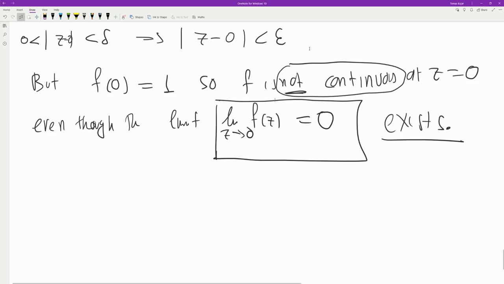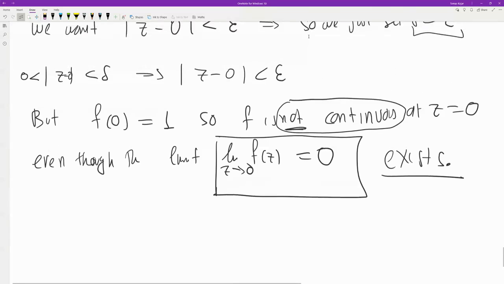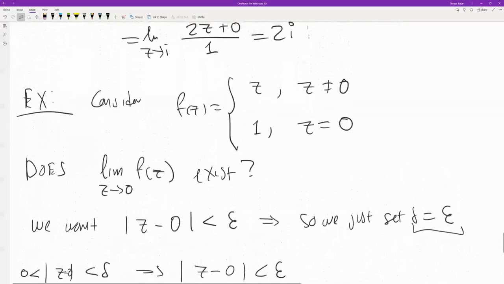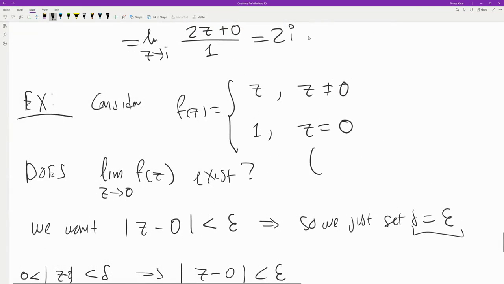Of course, this is an artifact of the example, because what we usually do is, if we're missing a value, we always define it as the limit.